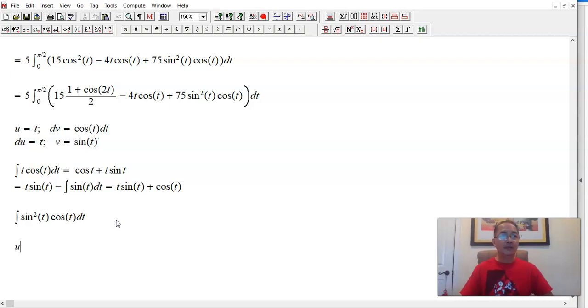If you let u be sine of t, then our du is cosine of t dt. Much simpler, right? So we're basically integrating u squared du. So this is 1/3 of sine cubed of t.